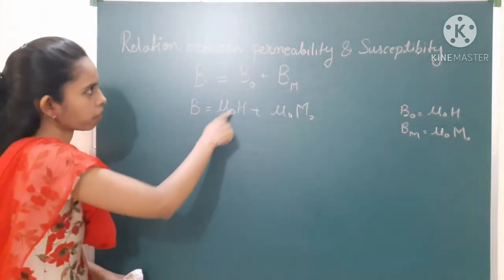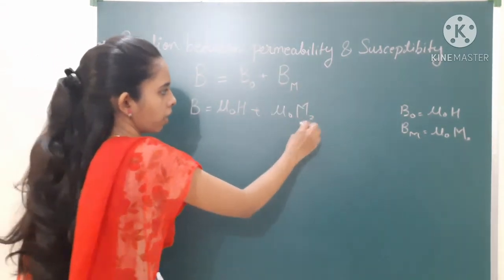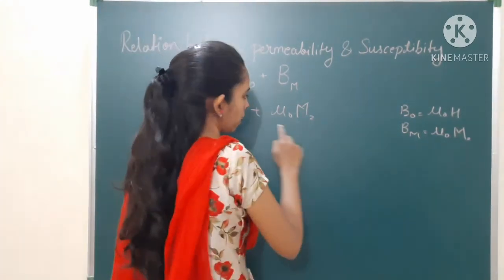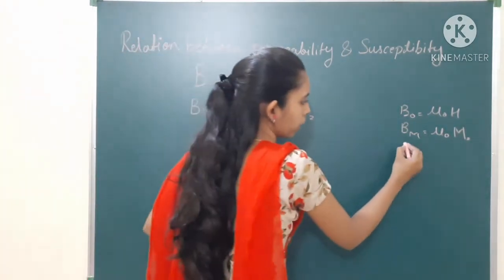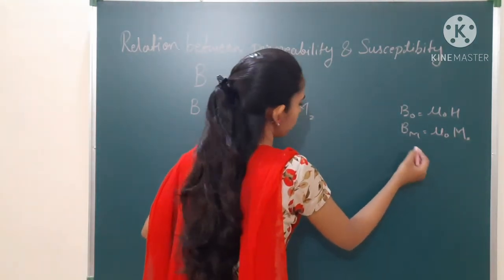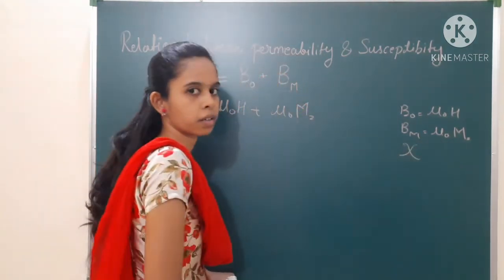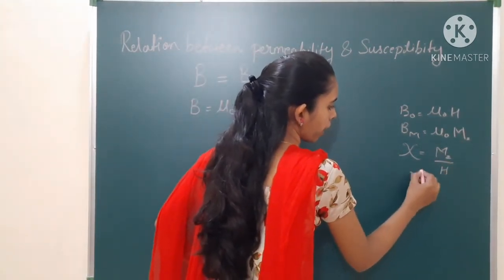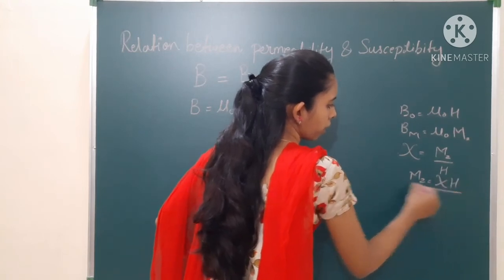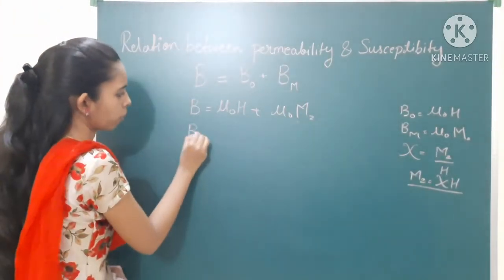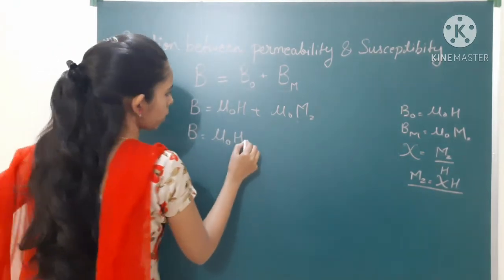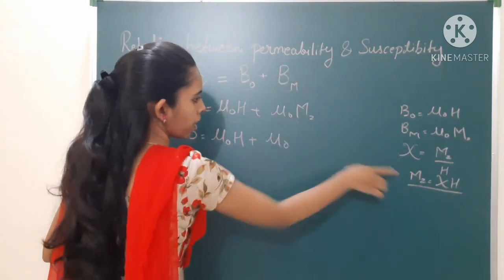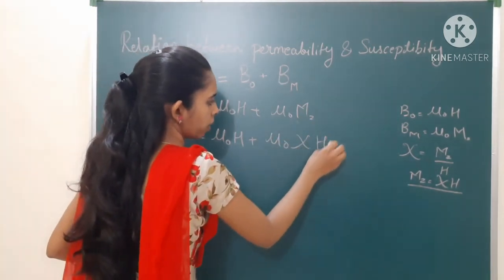Now we have the formula for Xi: Xi is equal to Mz divided by H, therefore Mz is equal to Xi into H. We can use this equation here. So B is equal to mu naught H plus mu naught Xi H, where Mz is replaced by Xi H.